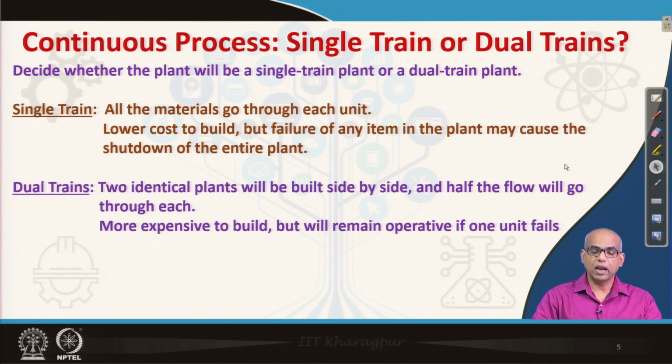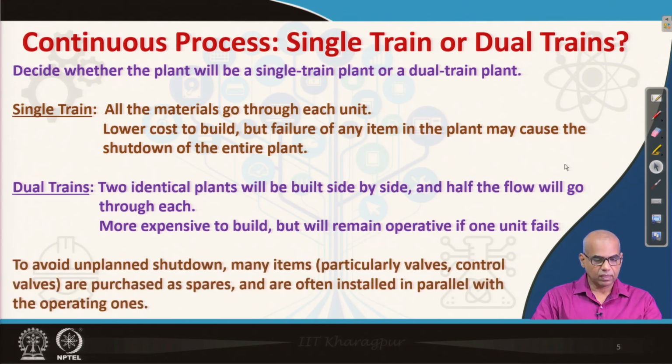So, that is an advantage. This advantage comes with higher cost. To avoid unplanned shutdown, many items, particularly valves, control valves, are purchased as spares and are often installed in parallel with the operating ones.